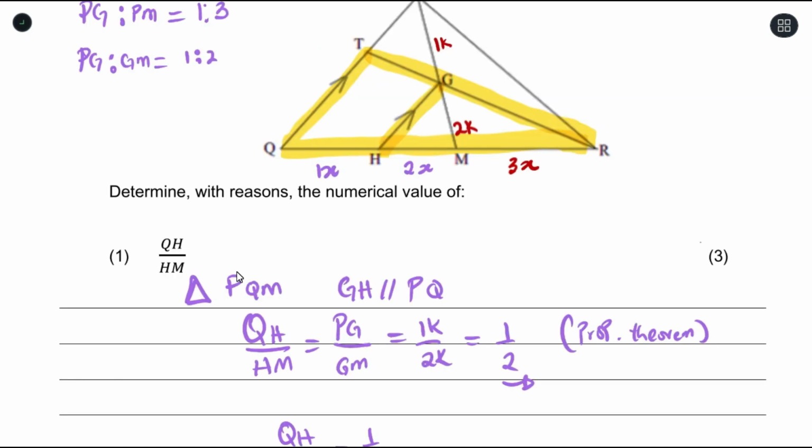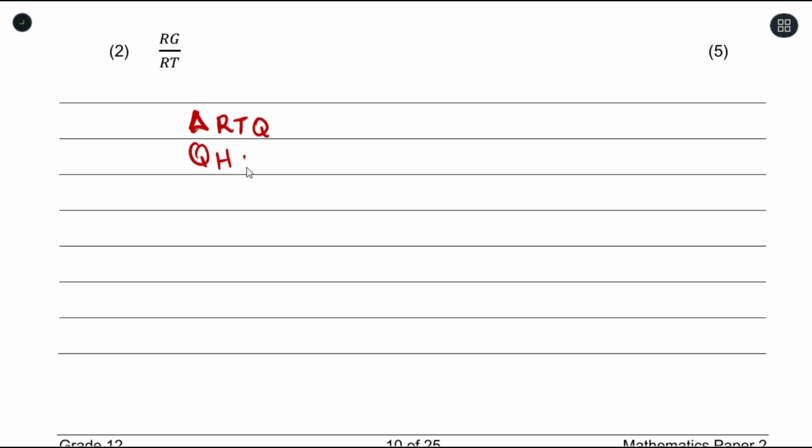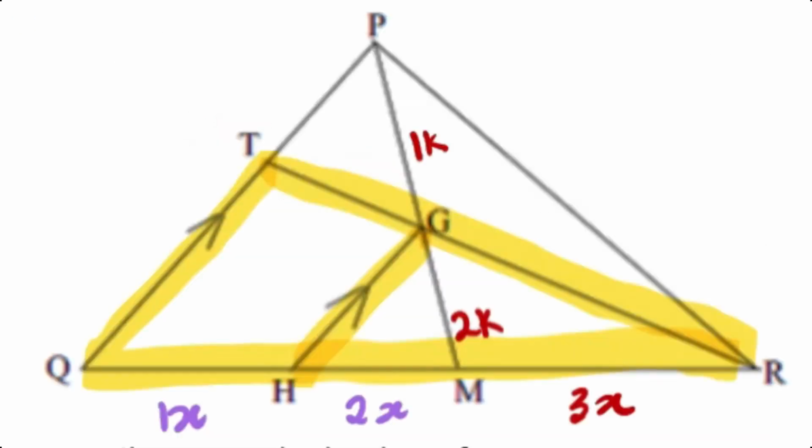We found that QH, HM, MR. Okay, now this one here is 1:2, and this one here will be ratio 3. Okay, we knew this because we're told M is the midpoint. GH is parallel to TQ.